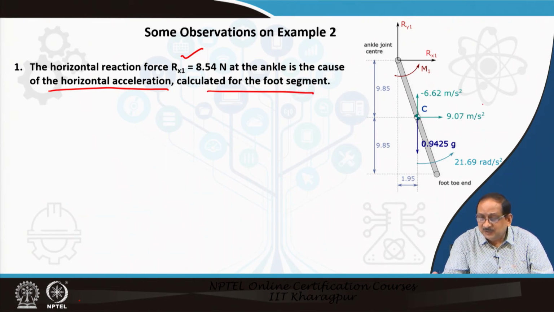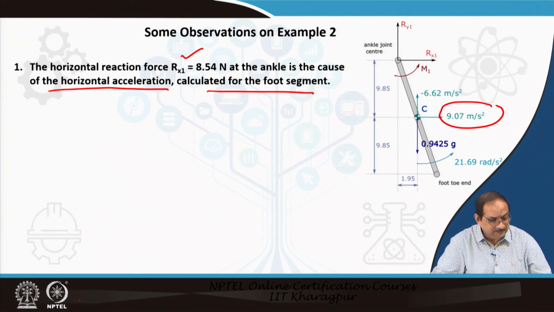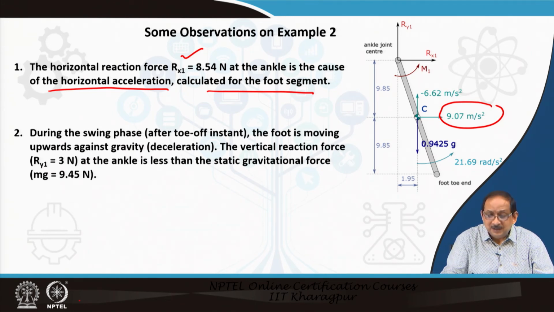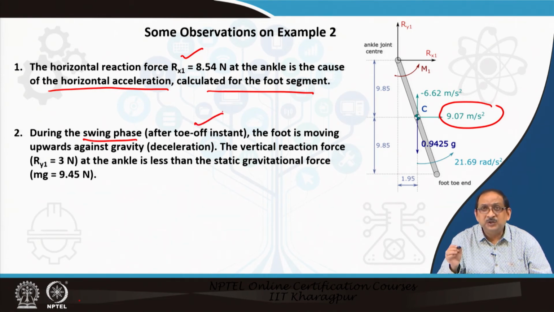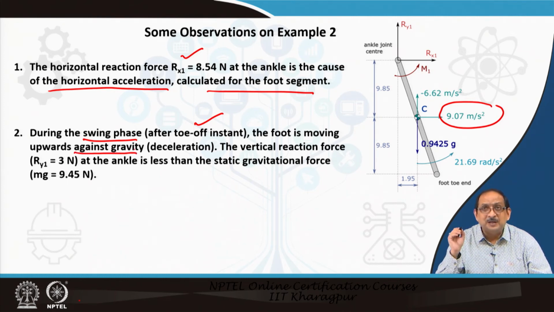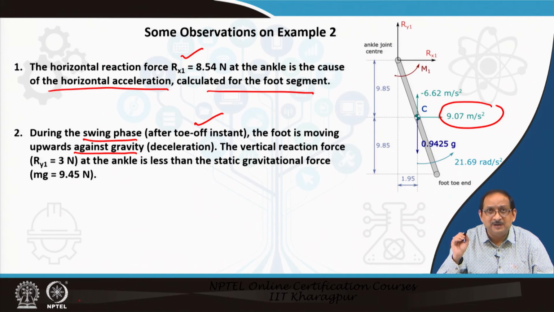The horizontal acceleration is indicated in the free body diagram just for clarity. During the swing phase, that is after toe off instant, the foot is moving upwards against gravity. That means the foot is decelerating.